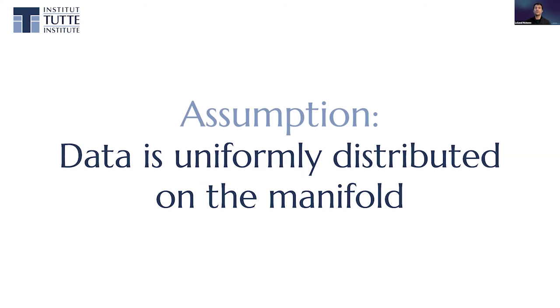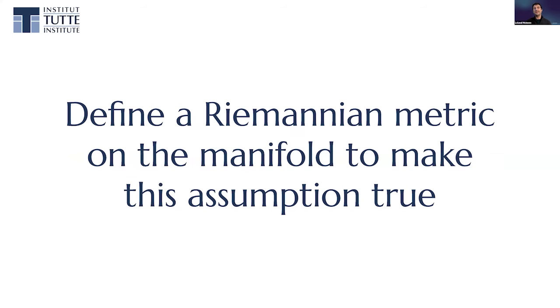Well, let's start with making an assumption. Let's just declare it true and say that the data is uniformly distributed on the manifold. Now, that's going to have a catch because it means something has to be true of the manifold for that to end up being the case. And what it means is that our notion of distance on the manifold is going to have to vary and not simply be inherited from the ambient space.